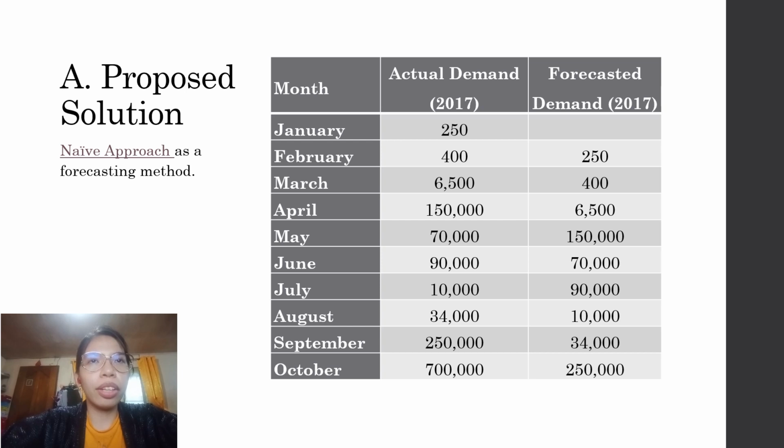It is stated that the sales agent is not knowledgeable about the forecasting methods and tools. From analyzing the actual sales demand from 2015 to 2017, the appropriate forecasting method that can be used is naive approach. The naive approach is a simple forecasting method that uses the actual demand from the last period as a forecasted demand.